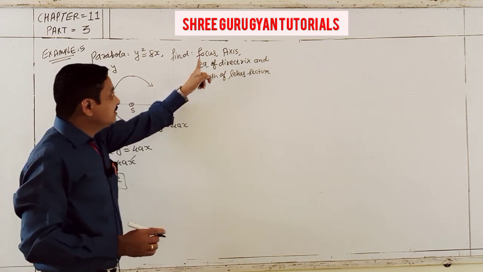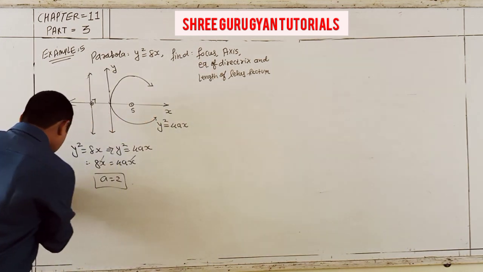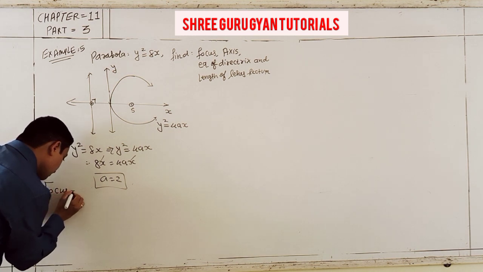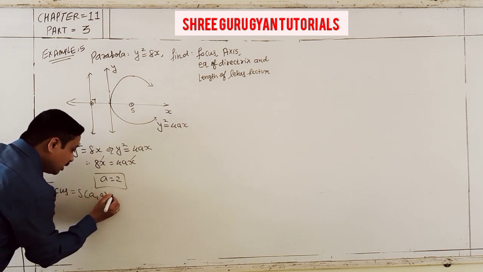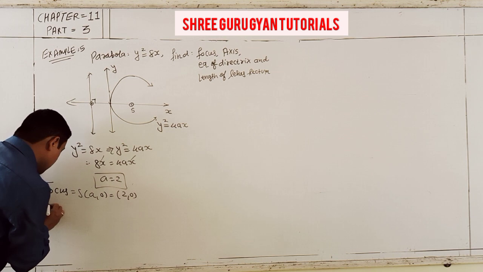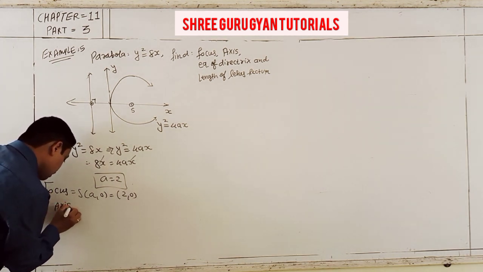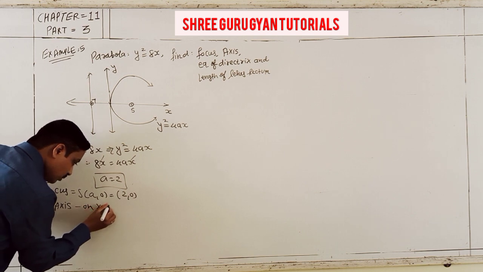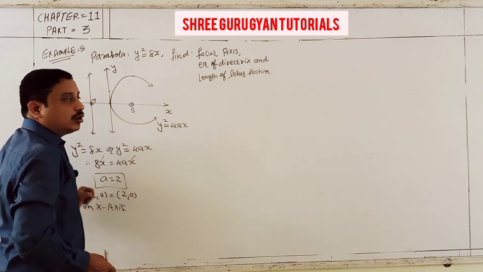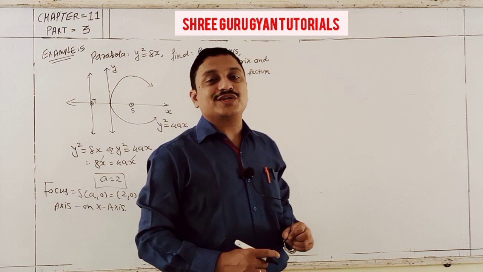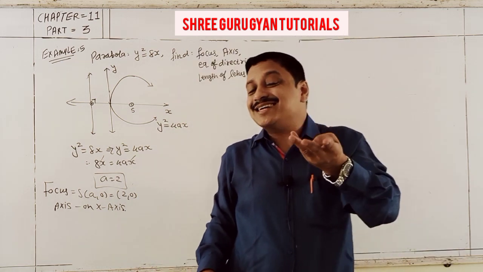Now easily done. Focus. So students, my focus is a comma 0, according to drawing 2 comma 0. Now axis, on the x-axis. Actually you are asking about the equation of the curve y square is equal to 8x, moving on which side, the major axis.